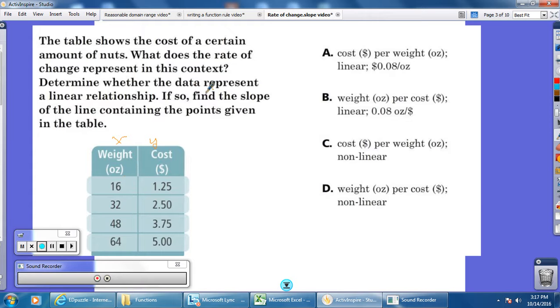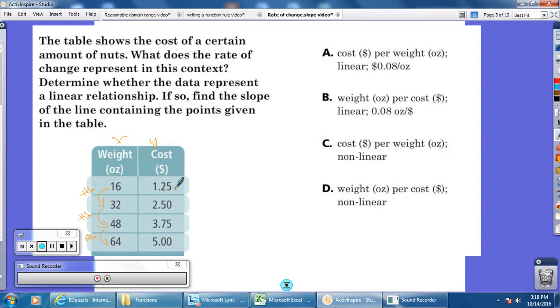So determine whether the data represents a linear relationship. If it's linear, that means this has to be a constant rate of change, and this has to be a constant rate of change, correct? So if so, find the slope of the line containing the points given in the table. So all we're doing is finding the rate of change. From 16 to 32, that's a +16. From 32 to 48, +16.